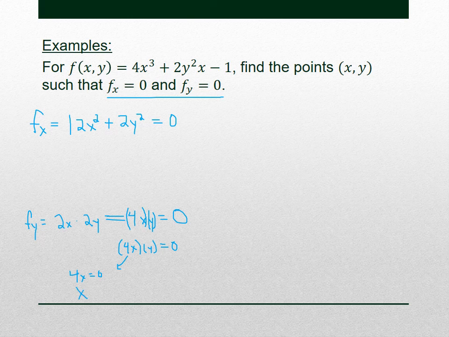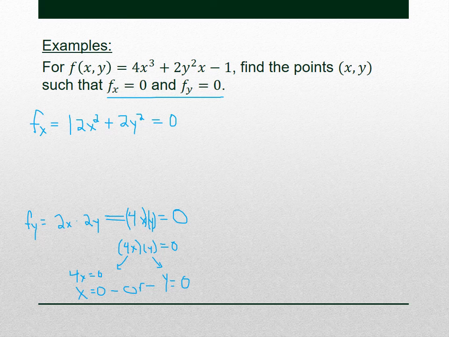So set 4x equal to 0, and you get x is 0. Set y equal to 0, and hey, that one was easier. y equals 0. So fy is only 0 if either x equals 0 or y equals 0.